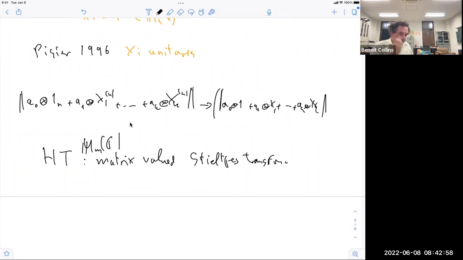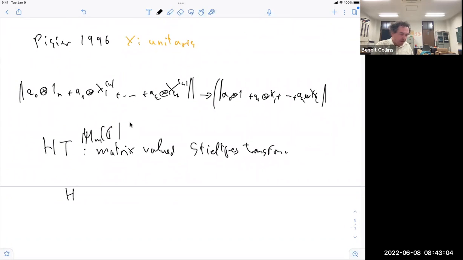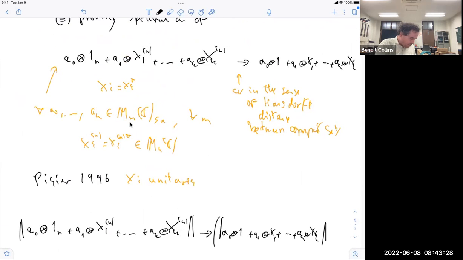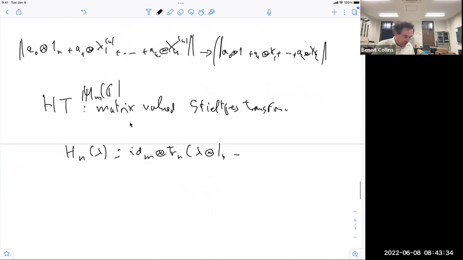So their Stieltjes transform is, they first take the random one, which is something like this: Hn of lambda is the identity over m, the normalized trace over n of lambda times 1n minus this guy here, which they call Sn, minus Sn inverse.